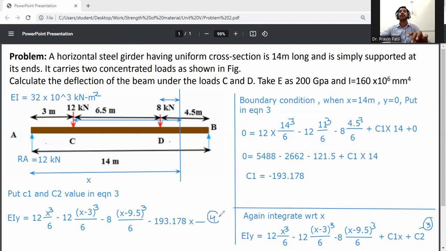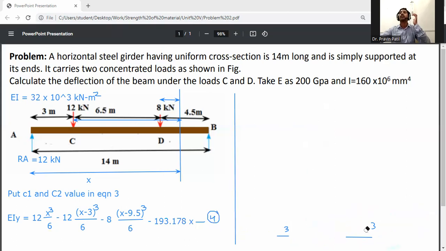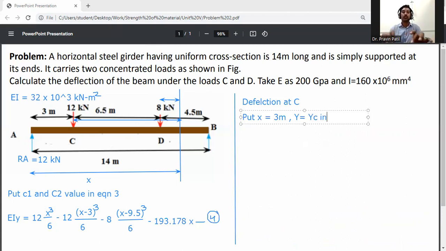Now, first we need to calculate deflection at C. So put x is equal to 3 meter, and y is equal to yc, in equation 4.